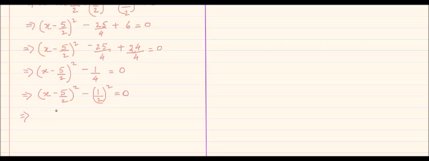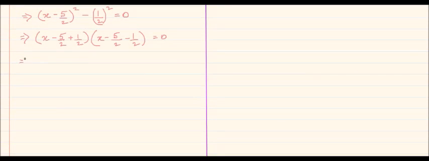A is x minus 5/2, so we write x minus 5/2 plus b. B is half. So it is plus half. And a minus b, that is x minus 5/2 minus half, minus b. So it is minus half equal to 0.